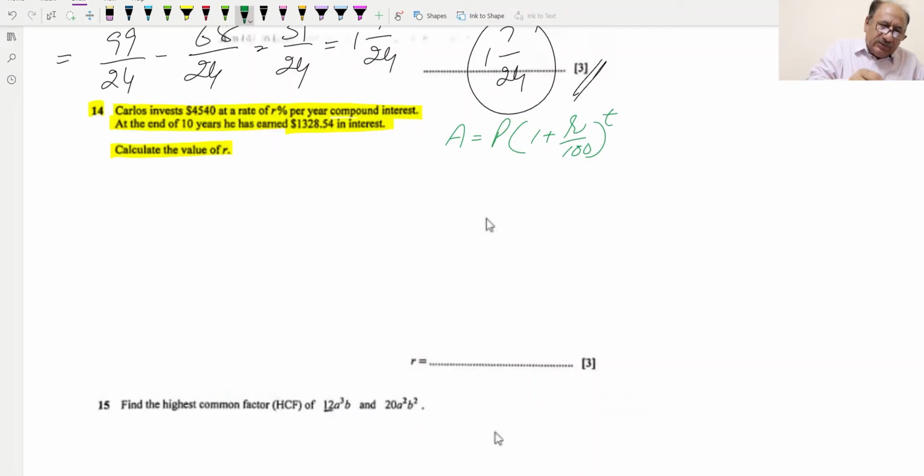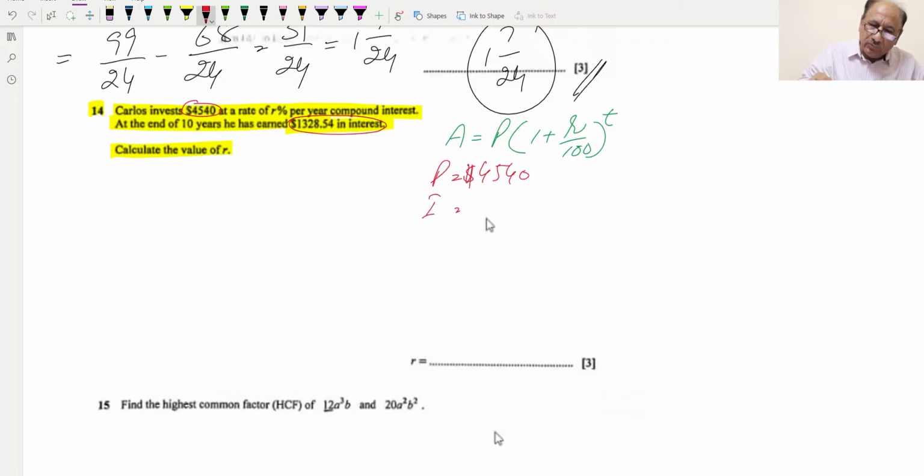Now in this case, they have provided the principal amount. This is the P value. So P is equal to 4540 dollars, and interest they have separately given like this.